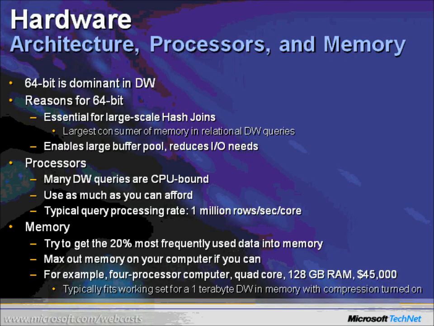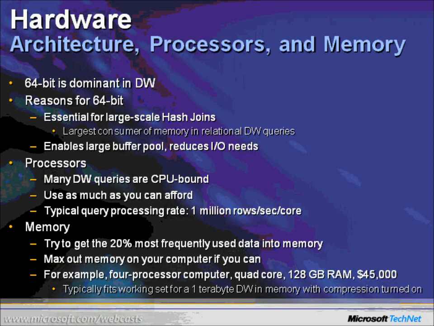Next, let's talk about how to plan for hardware and figure out how much capacity you need for a data warehouse workload. Just a few words about hardware. As you all know, 64-bit hardware is becoming prevalent now. Basically all new processors that you buy for PCs and servers are 64-bit.